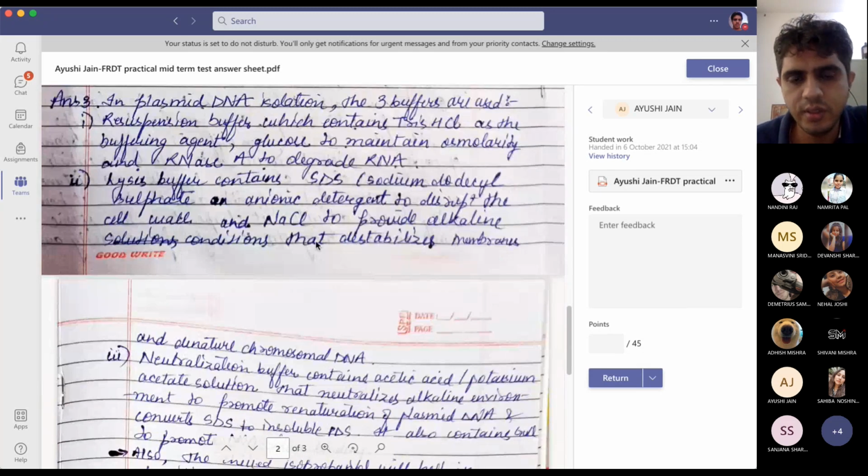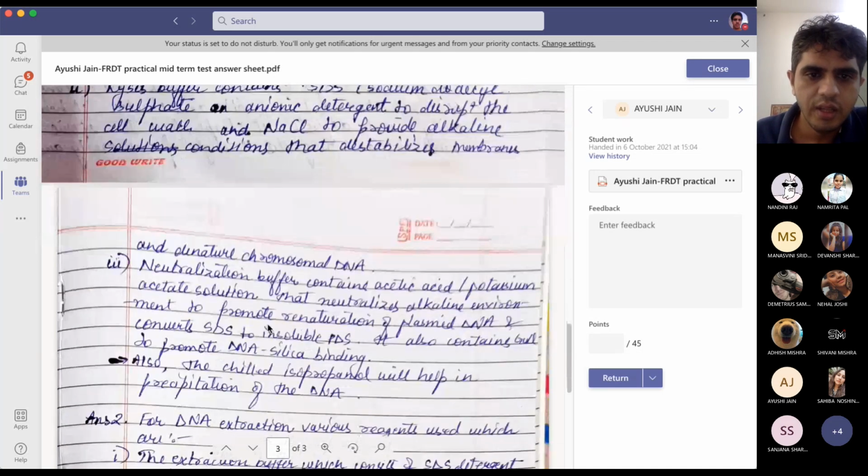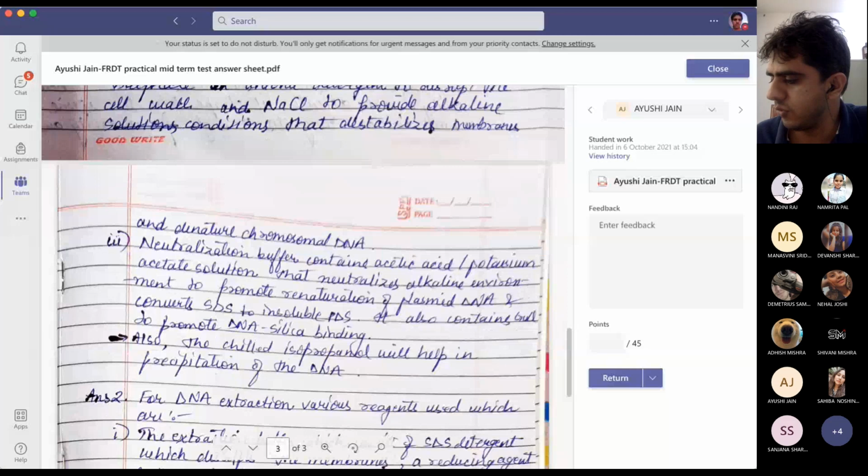The job is fine, but the component is NaOH, not NaCl. Another buffer contains potassium acetate that neutralizes, and that is also fine. So here you are getting 4 marks.